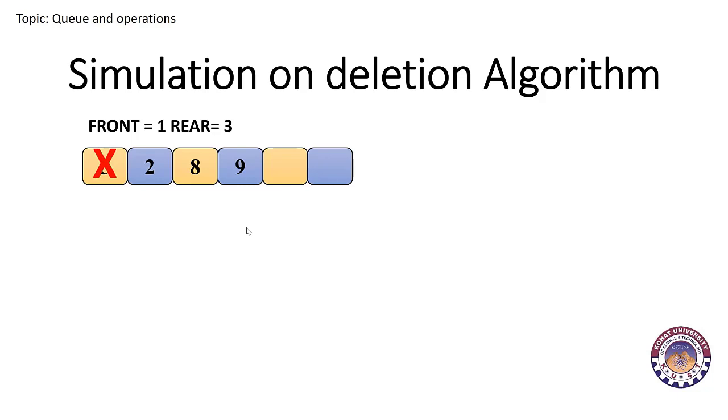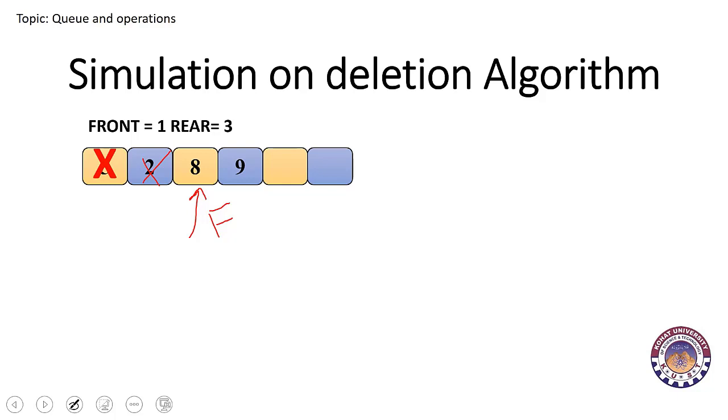So the front value will be deleted and the front will become position number 2 by incrementing front 1 plus 1 is 2. Here we can see that front now points to position number 2.